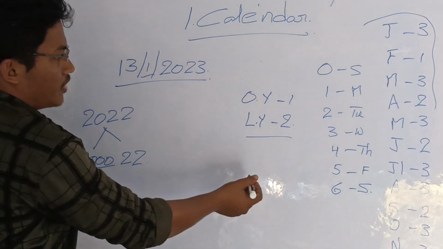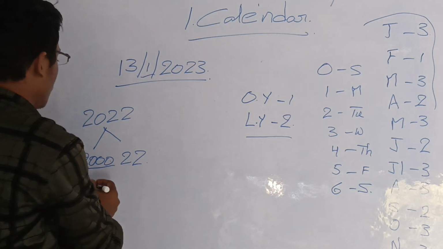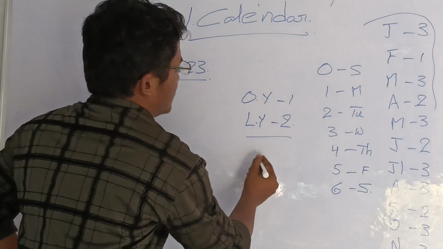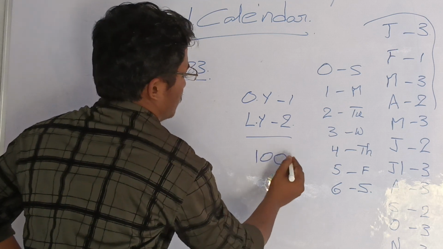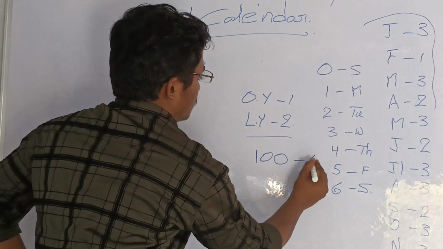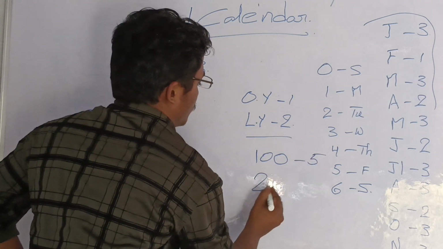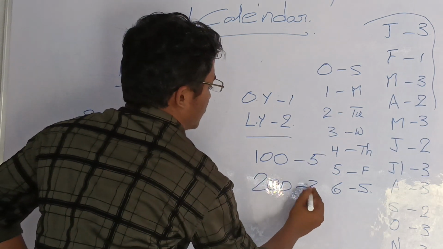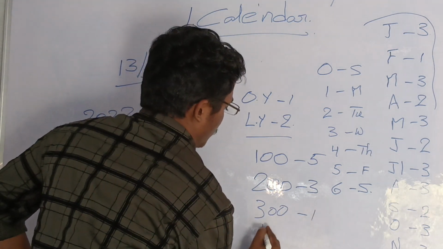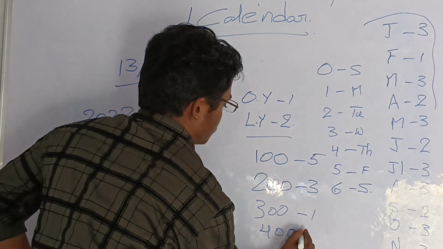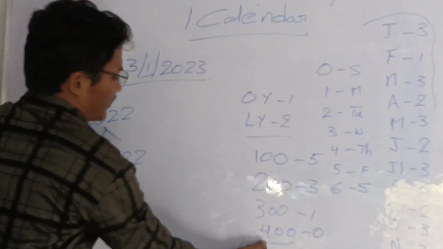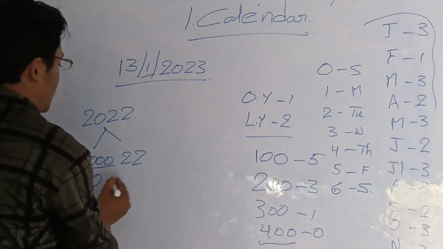We can consider for 100 years 5 odd days, for 200 years 3 odd days, for 300 years 1 odd day, for 400 years 0 odd days. As 2000 is a multiple of 400, there will be 0 odd days for these 2000 years.